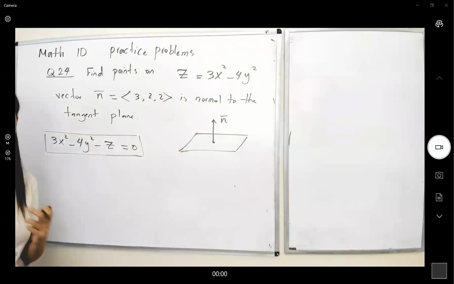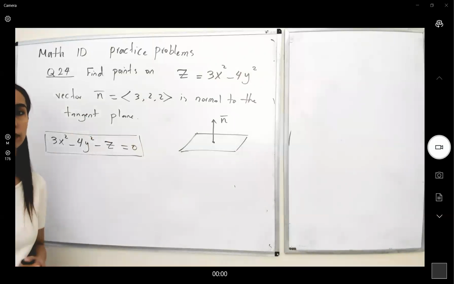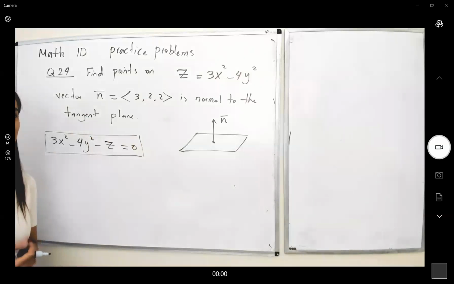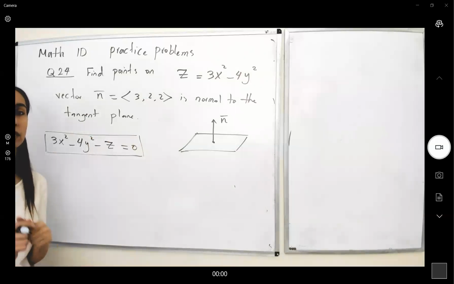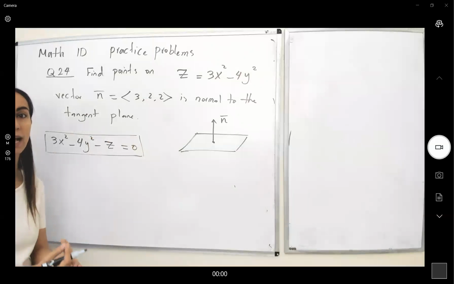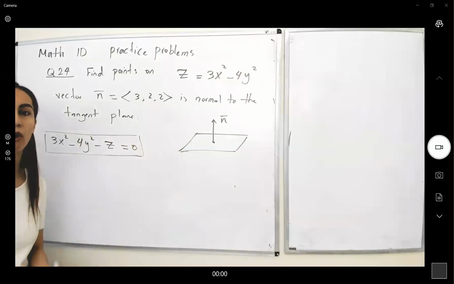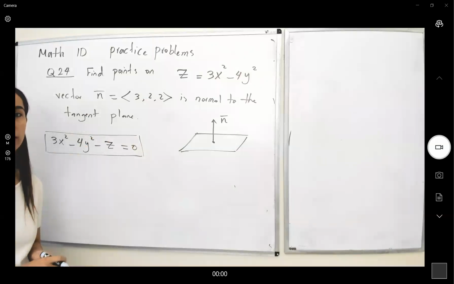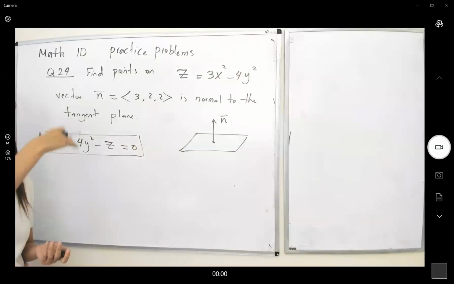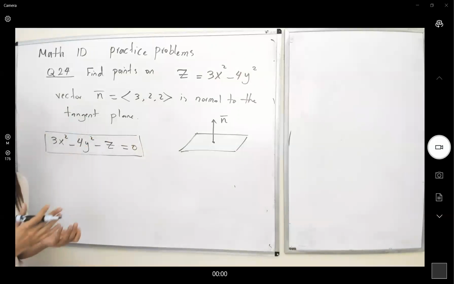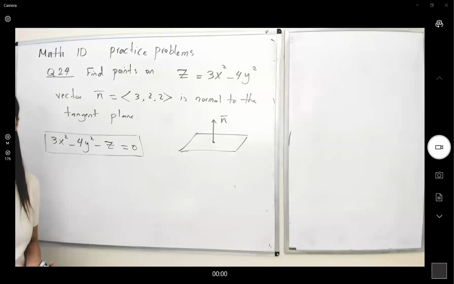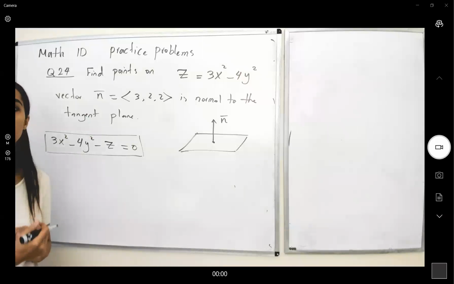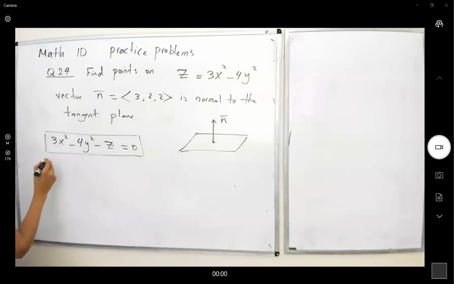Very good. Remember that when we talked about gradient, we said that gradient is very important. Why is that? Gradient as a vector is orthogonal or perpendicular to level curves. If you're working with a function in three variables, it means that it's perpendicular or orthogonal to level surfaces as well. So since we have a nice formula, we're going to find the gradient of this function.